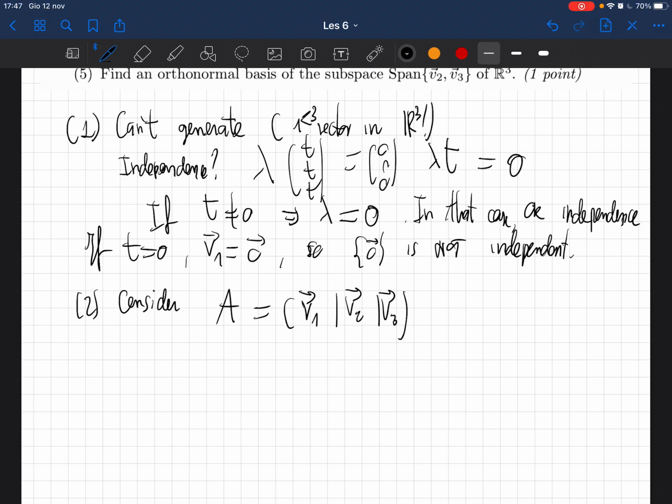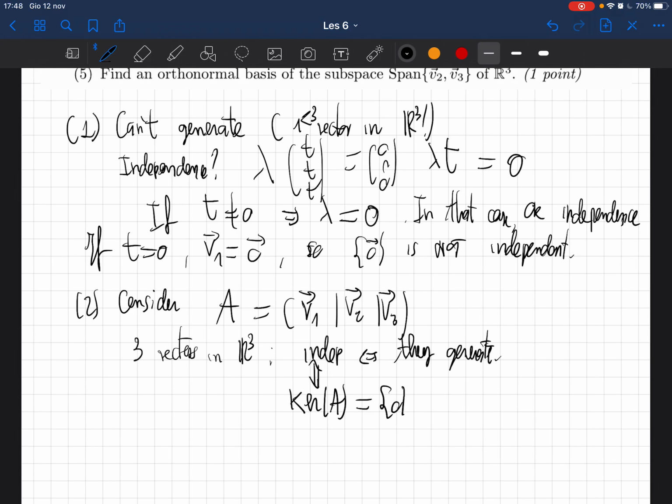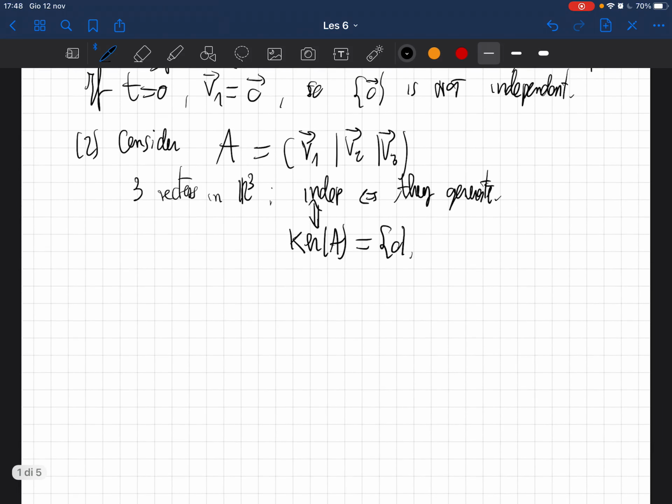Since there are three vectors in R3, they're going to be independent if and only if they generate. Independent means that the kernel of this matrix has to be just 0. So let's find the kernel of this matrix.